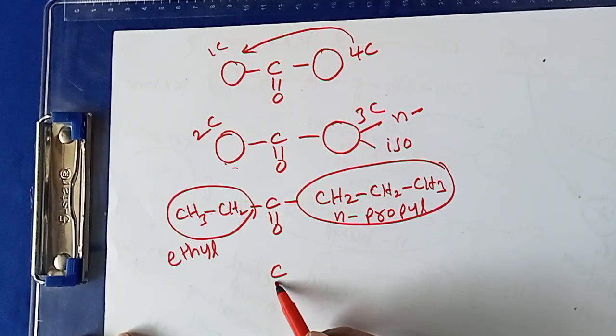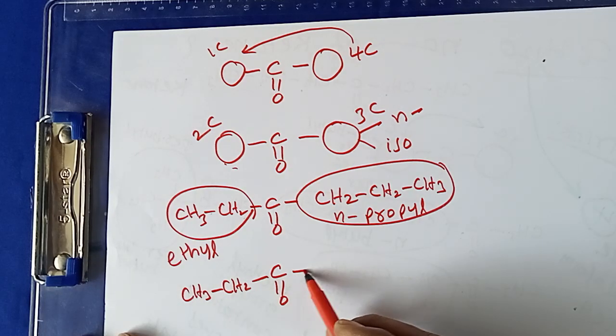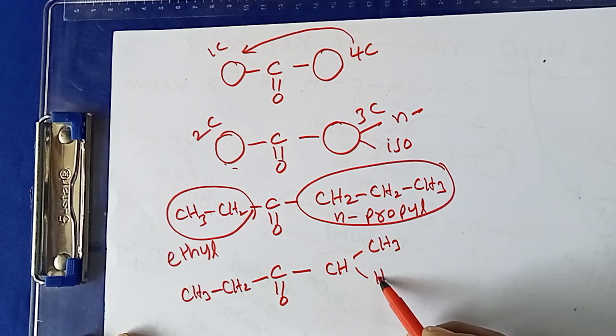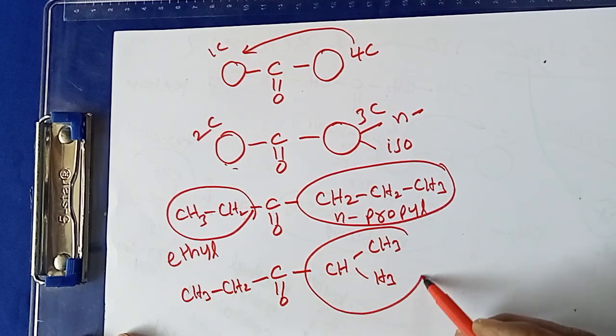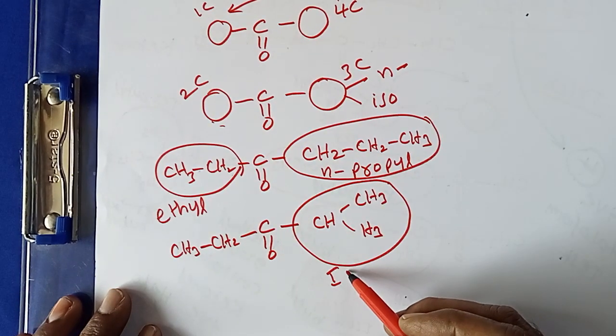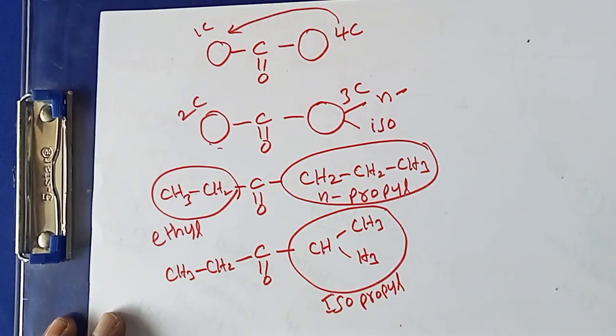Next, C double bond O. Same. CH3, again CH2. Next propyl: CH3, again CH3. What is this group name? Isopropyl group.